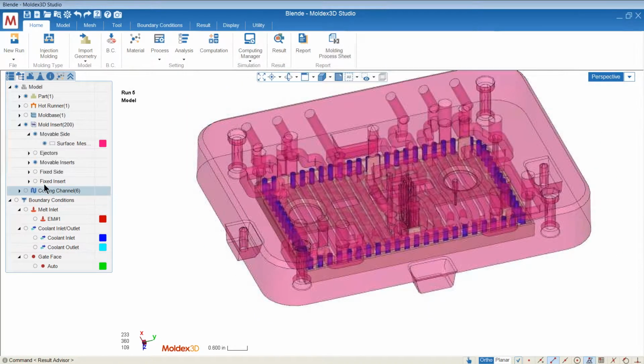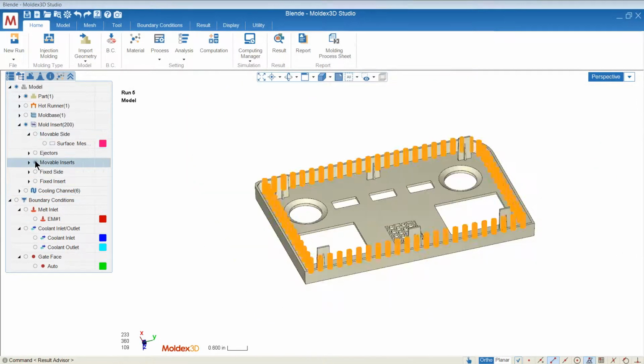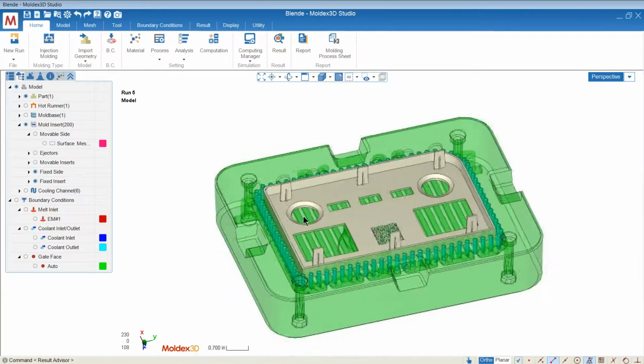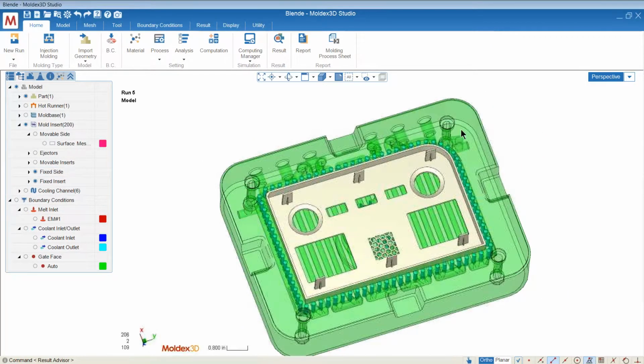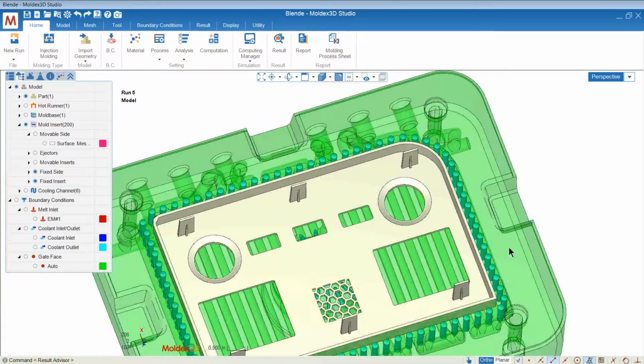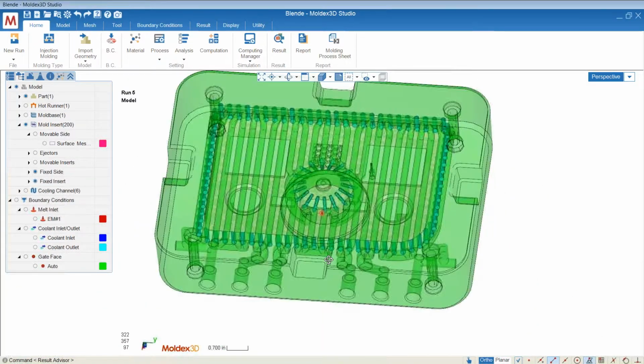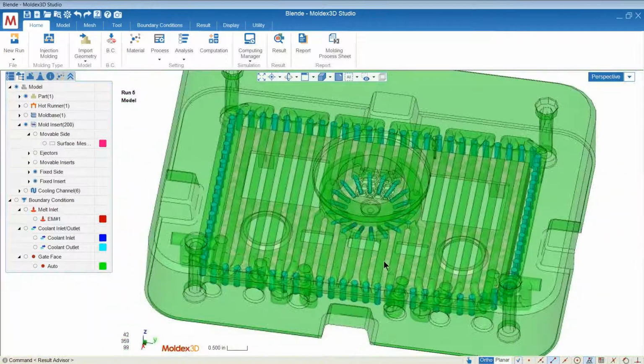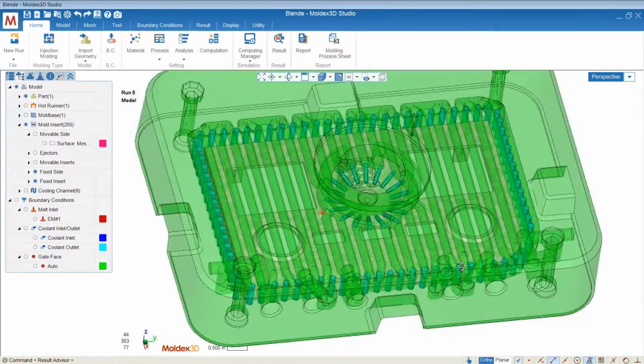And of course, this is not only on the movable side, but this is also on the fixed side. The fixed side also has all of these copper inserts surrounding the part, and even around the hot drop system, we have pure copper inserts that cool the hot sprue area near the gate.